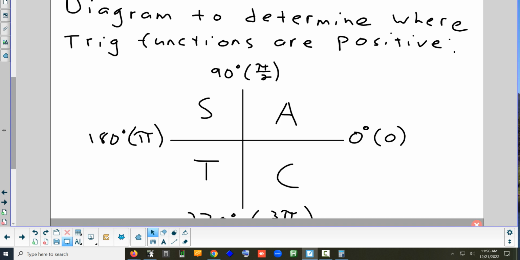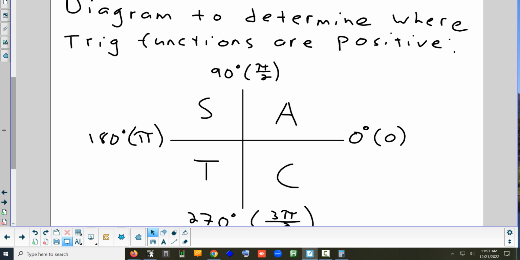So this is a diagram that shows you where the trig functions come out positive. A stands for all, S stands for sine, T stands for tangent, and C stands for cosine.